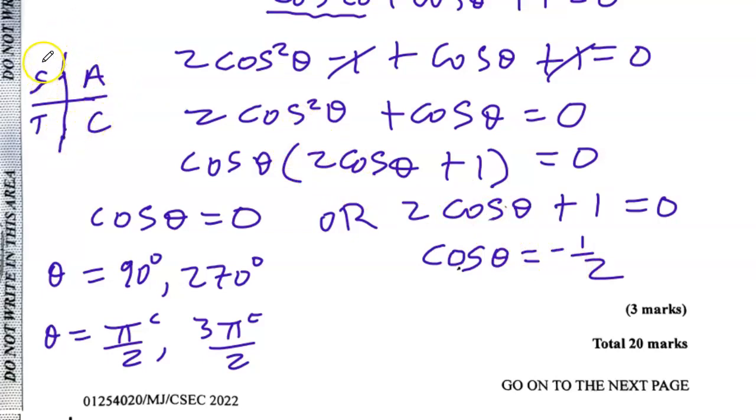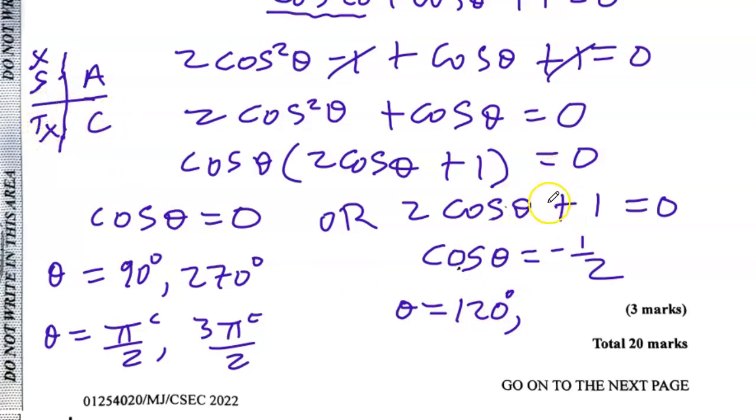So cos is negative in the second quadrant and the third quadrant. The primary angle here would be 60, since cos 60 is half. To get the angle in the second quadrant, you subtract 60 from 180, so it's 120 degrees. And to get the third quadrant, you add 60 to 180.